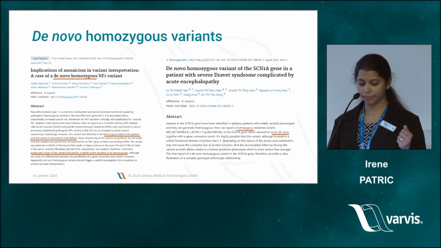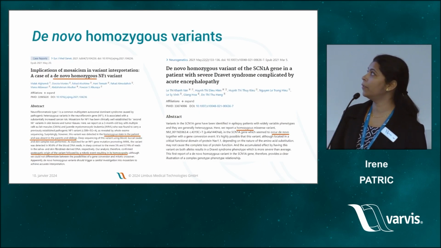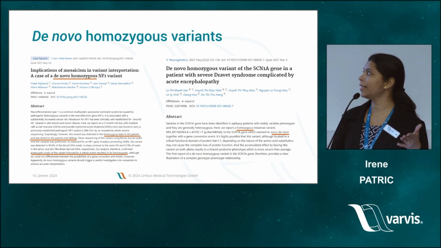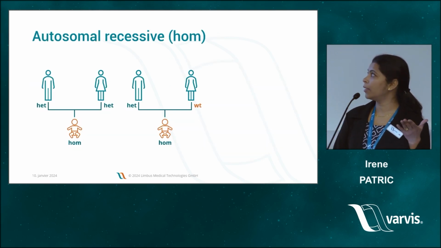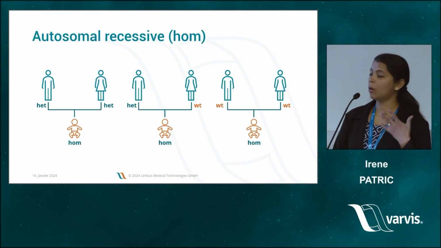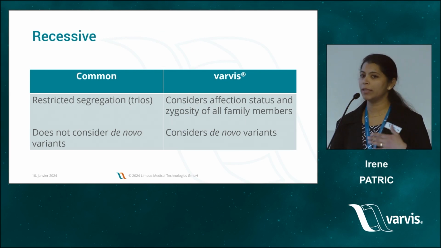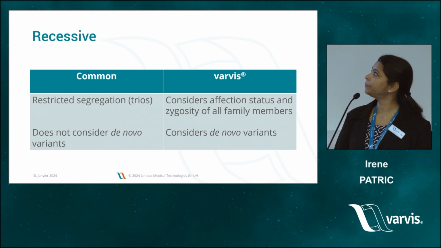That's the question. And then you have de novo homozygous variants, which have been reported. And do filters also filter these variants where the parents do not carry this variant at all? So it could be either this situation or this. And so varvis considers affection status, zygosity of all family members, and also considers de novo variants.